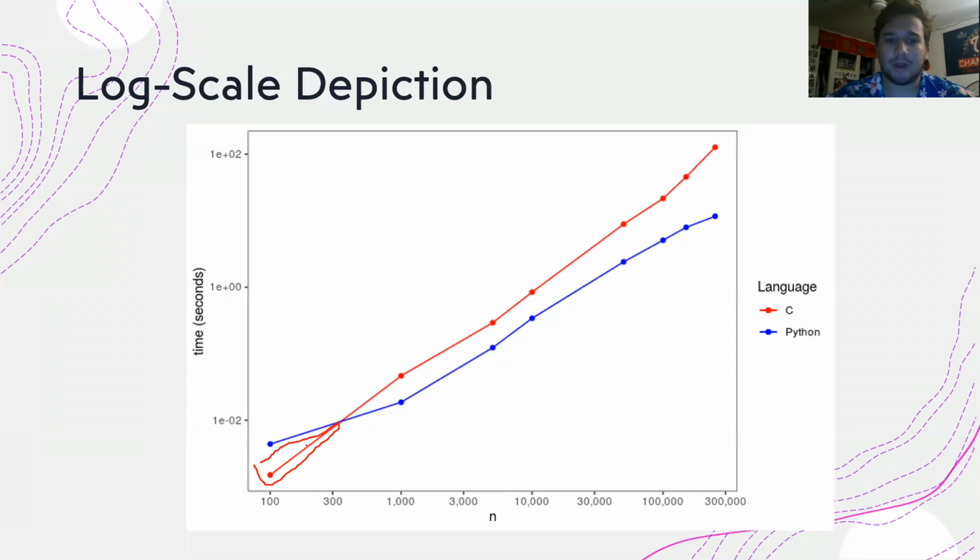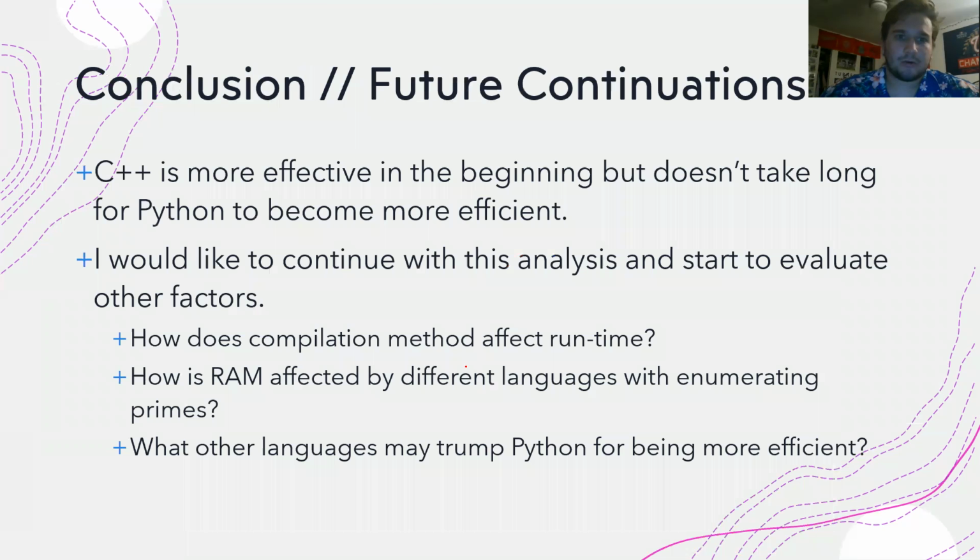But once we hit that 300-ish mark right here, then it's all Python from there on out, and C++ will be the less efficient language. And so as for the conclusion, I've pretty much summed it up. C++ starts off being more efficient, and then Python takes it and runs with it from there.